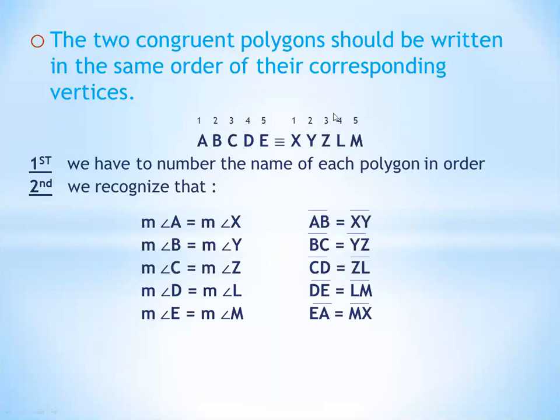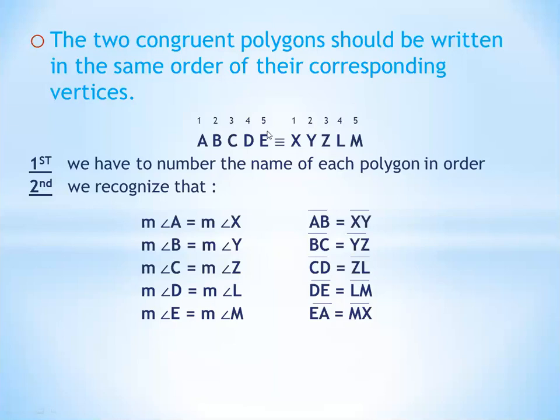BC. In the other polygon, 2 and 3, YZ. So BC is equal to YZ. 3 and 4, which is C and D, is equal to 3 and 4, which is Z and L. So CD is equal to ZL. D and E, which is 4 and 5, is equal to 4 and 5, L and M. So DE is equal to LM.